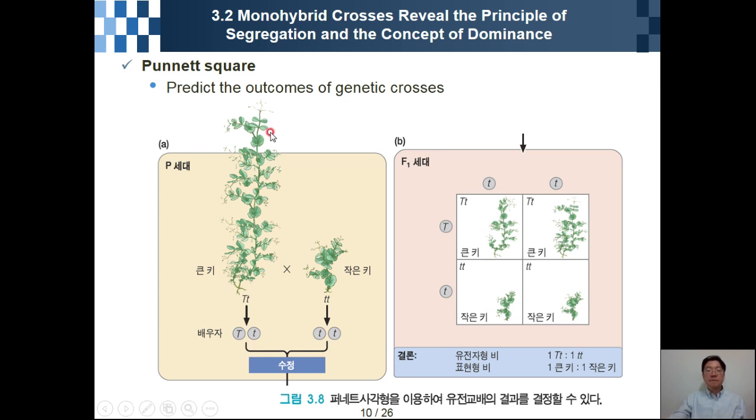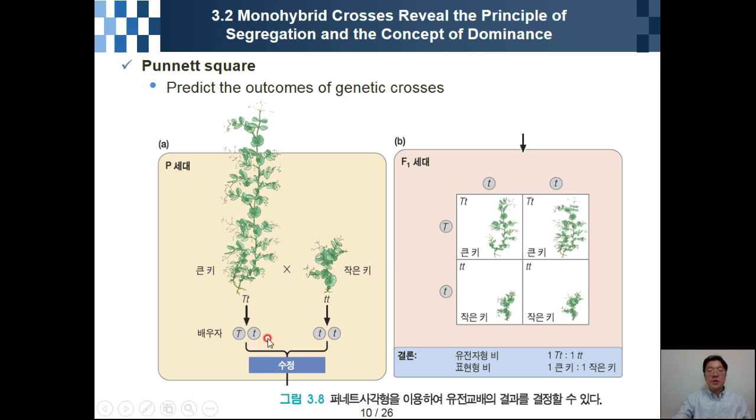So this is the P generation. One is large, like this. One is small. But this is the heterozygote, large T, small t, and the smaller one is small t, like this. Large T is dominant over small t.